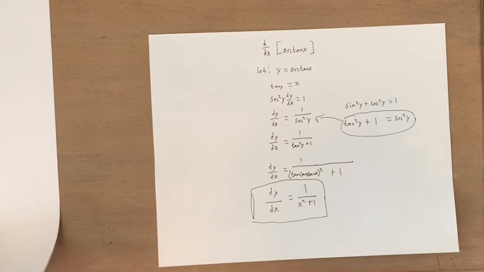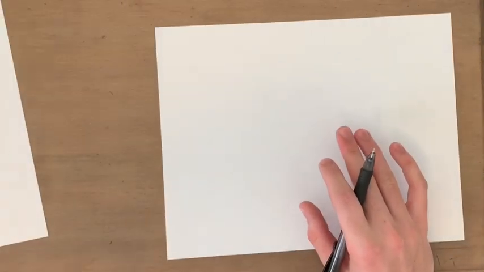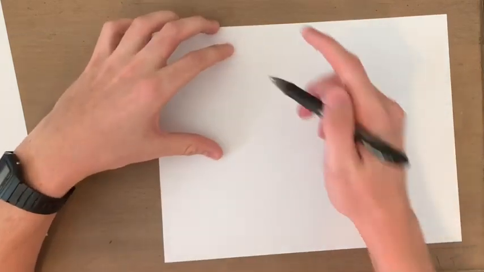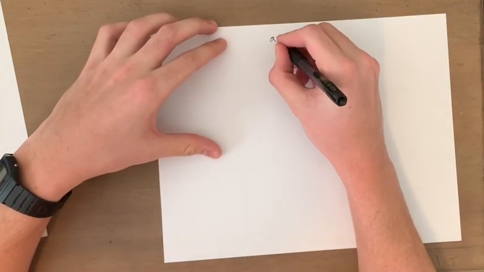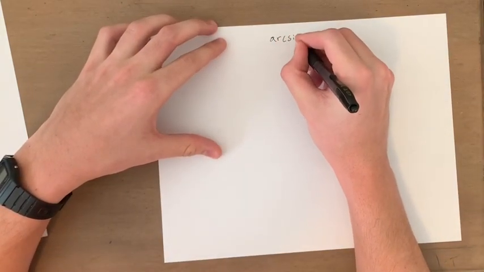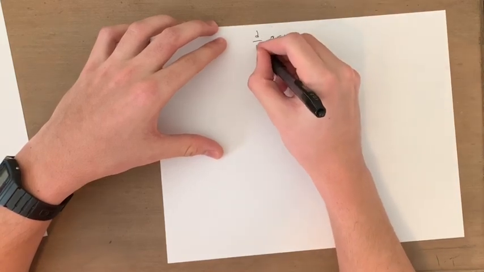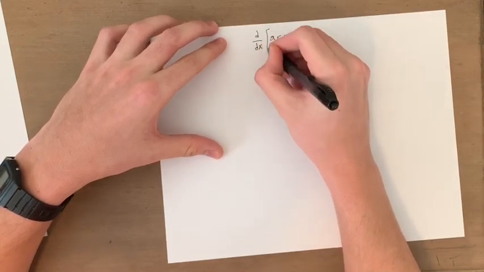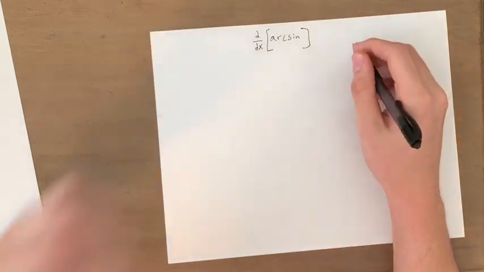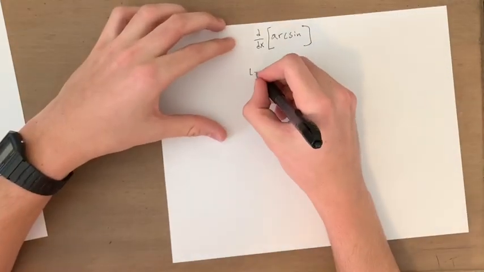All right, so next let's do arcsin. It's essentially the same process, so you don't really have to memorize anything new. We're taking the derivative of arcsin, so it's the same thing.